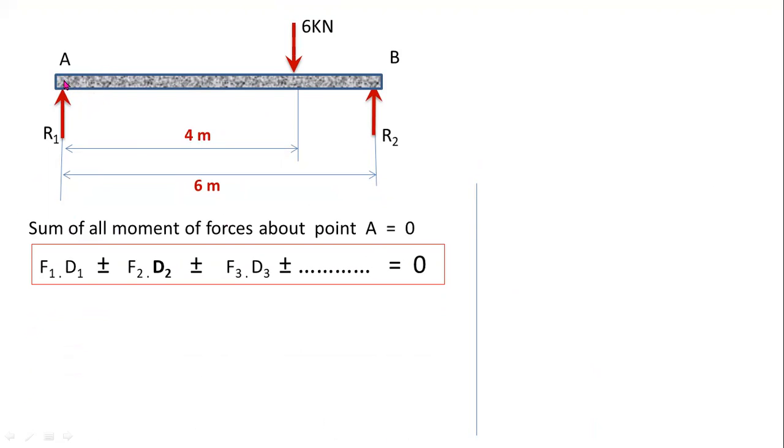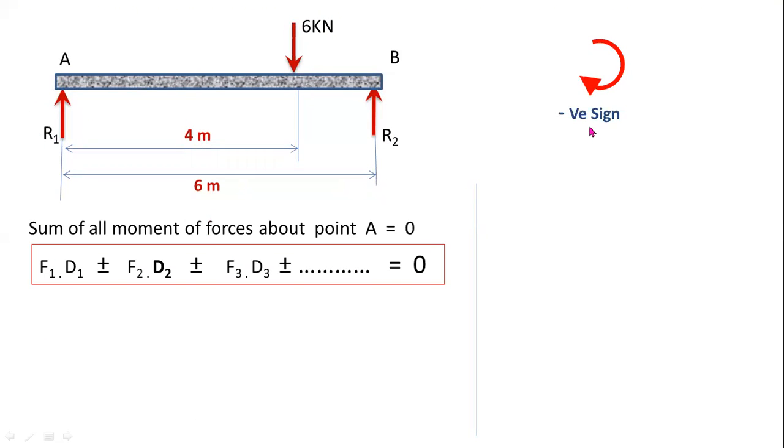R1, R2, and 6 kilonewtons are the three vertical forces. 4 meters and 6 meters are the perpendicular distances. 4 meters is the perpendicular distance for the 6 kilonewtons force, and 6 meters is the perpendicular distance for R2. For R1, you have to consider 0 distance, because reaction force R1 passes through point A, so there is no perpendicular distance.